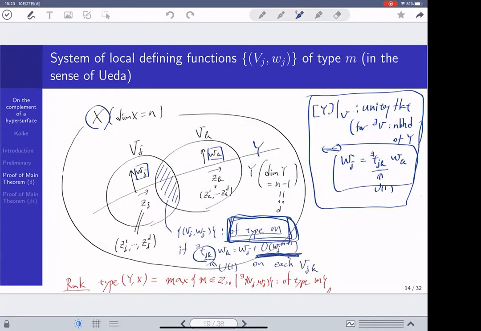Here we remark that the type of the pair (Y, X) I explained in the introduction section can be explained as the maximum of m such that we can take a system of type m.